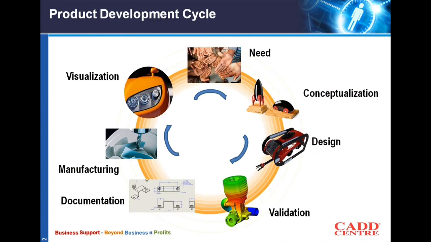In this product development cycle, you can notice there are 7 stages involved in every product development. For any product in the market, definitely there must be a need. Because of the need, we will start to create, and that's what we call as conceptualization.